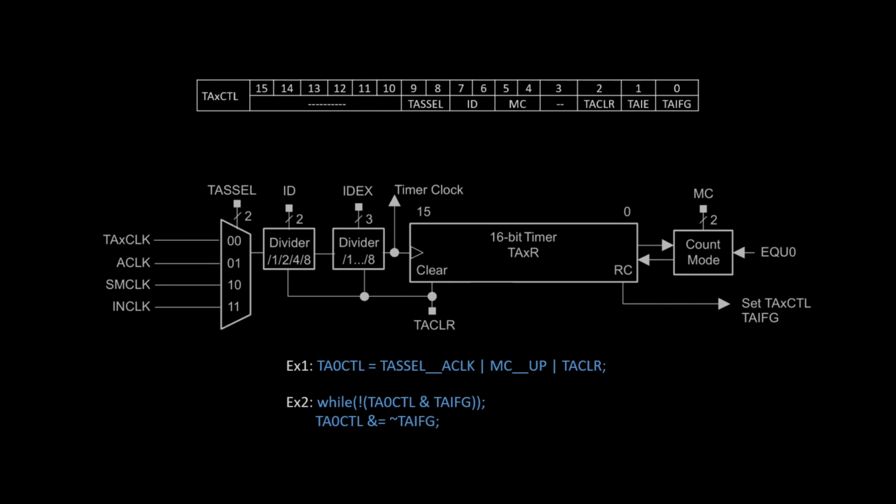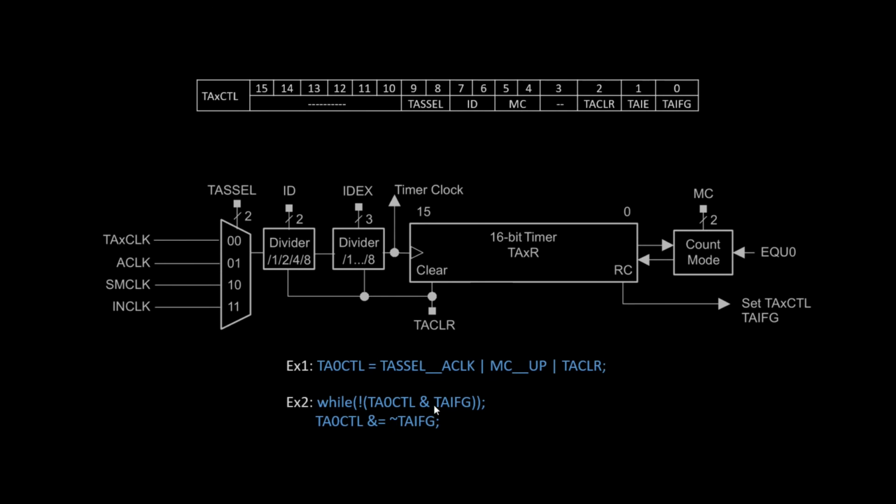I can, for instance, wait until the interrupt flag from this register goes to 1. I need to wait until the timer has reached this event. So I will use a while with no content, a while with a condition and a semicolon here.